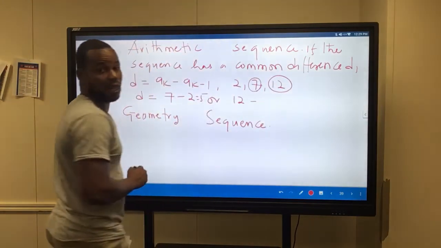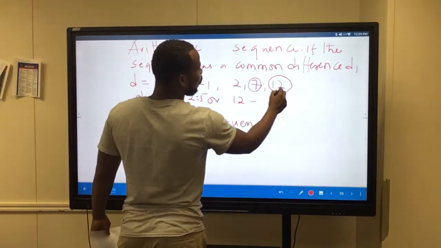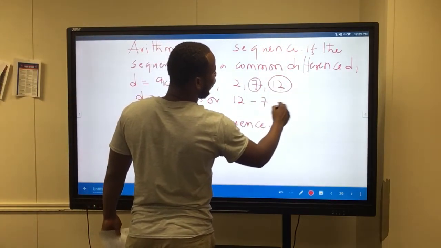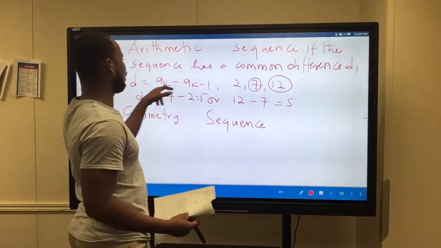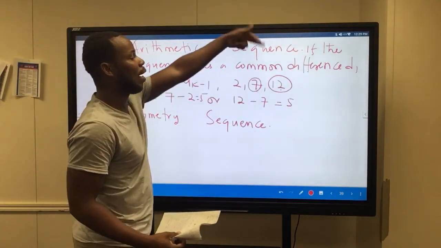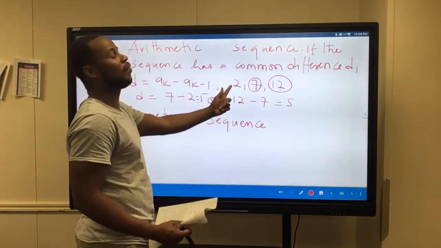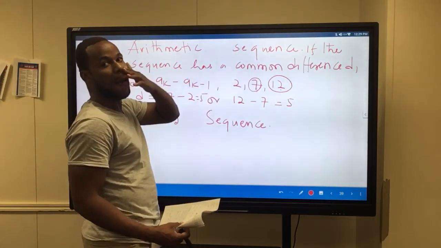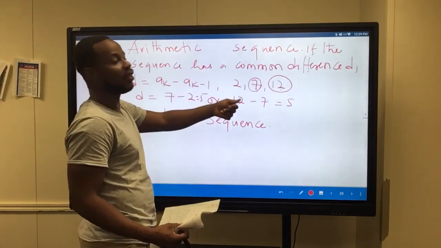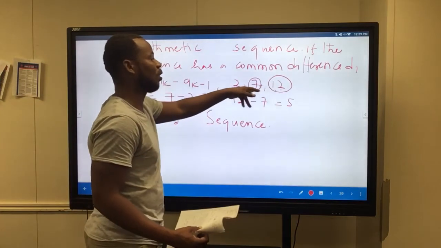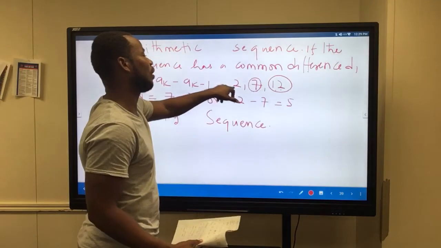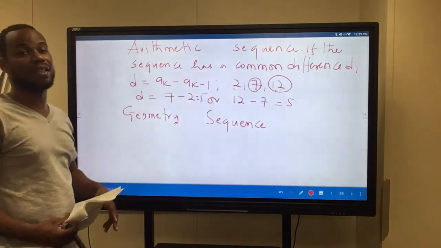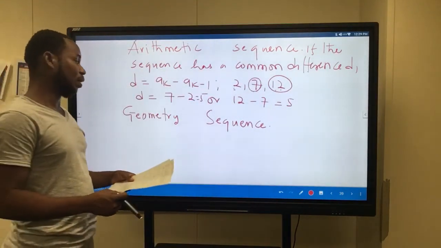Or 12 minus 7 is also 5. Whichever one you use, just take the previous term. When you take this one, subtract it from this one. But there's no number before the first term, so you cannot use the first term. That's what it means.